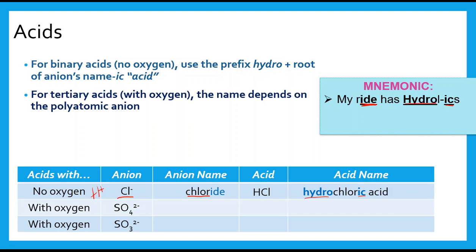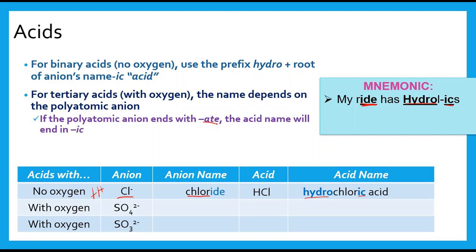Ternary acids are ones that contain oxygen, so these are going to be your polyatomic for the most part. If the polyatomic anion ends with ATE, ate, you just change the ending to ic. So if we're looking here, this is sulfate, SO4 minus 2. Remember, if we're adding it to H pluses, what would our formula be for our acid then?